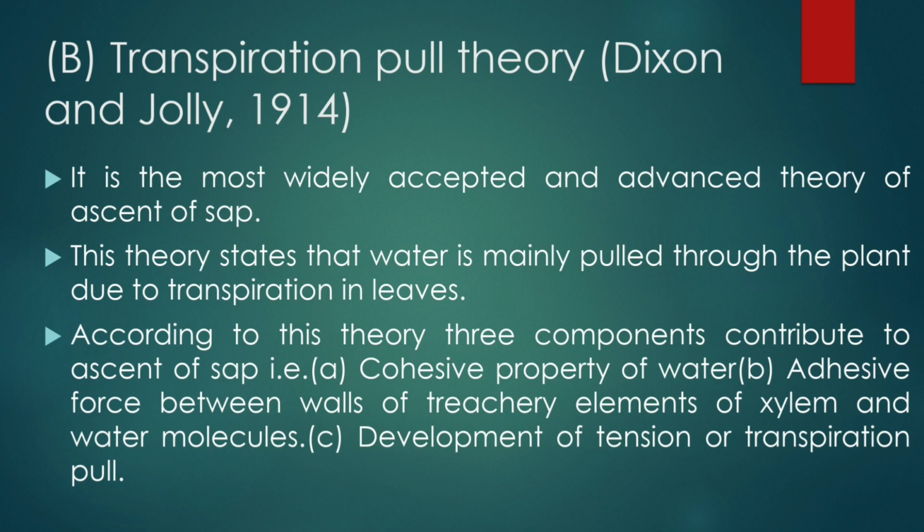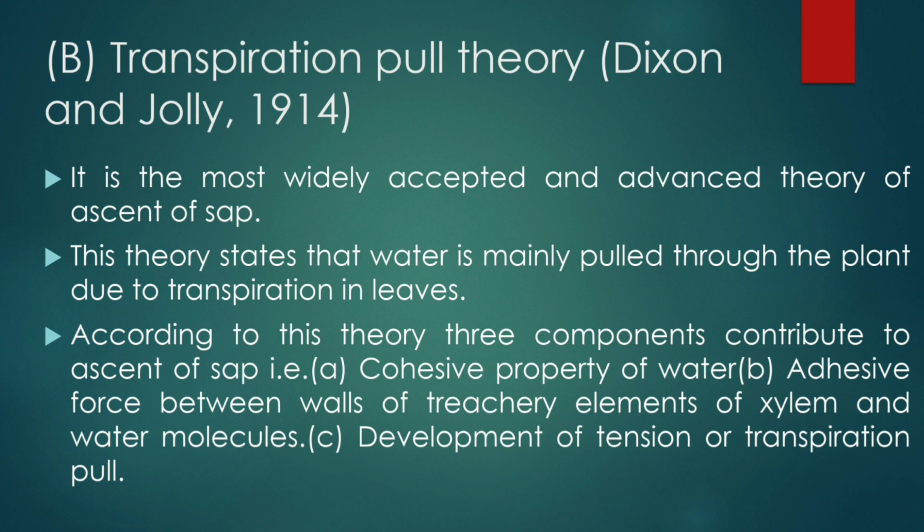Then the mostly accepted theory of ascent of sap is the transpiration pull theory, which was proposed by Dixon and Joly. This theory states that the water is mainly pulled through the plant due to transpiration in leaves. According to this theory, three components contribute to ascent of sap.